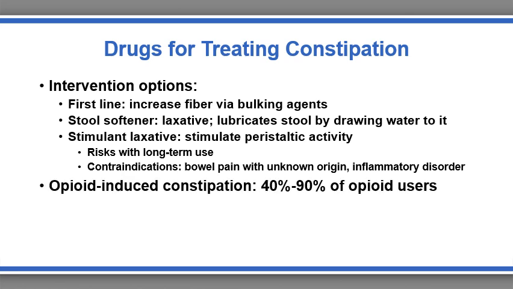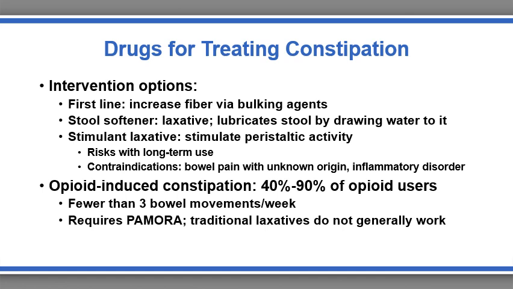And then we talk a little bit about opioid-induced constipation. This is very common in individuals using opioids. If someone's having fewer than 3 bowel movements a week and they're taking opioids, this could be a very common side effect of taking them. In some instances, you may need to take what's called a peripheral acting mu opioid receptor agonist.